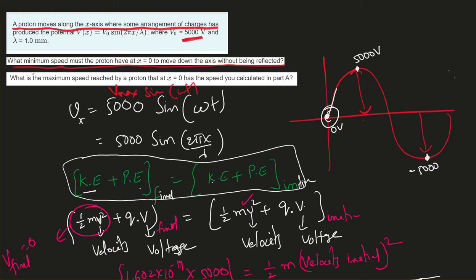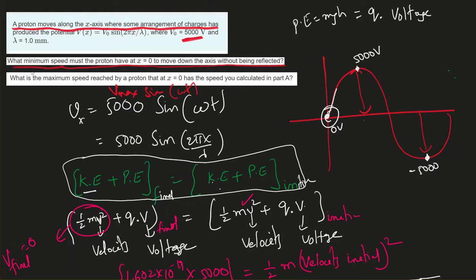Potential energy, when it comes to kinematics, we use mgh, based on the height. But when it comes to the electrical side, that value is q times voltage, where voltage is the potential. So here this V is the voltage, so do not get confused between velocity and voltage.